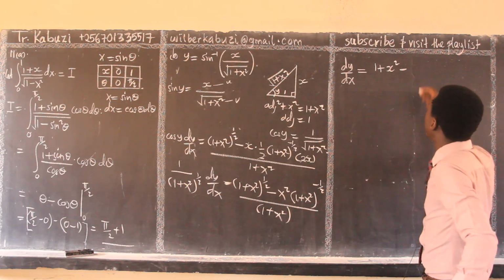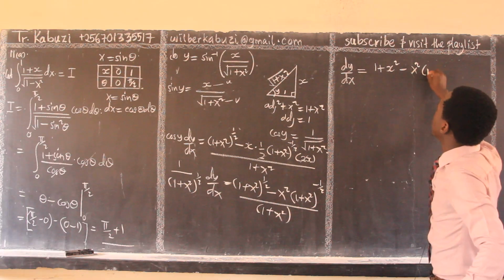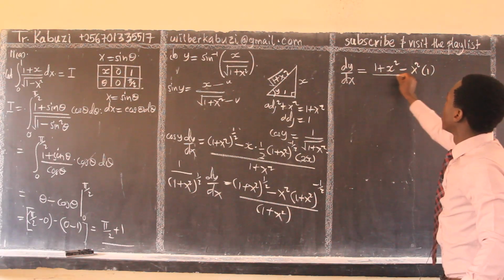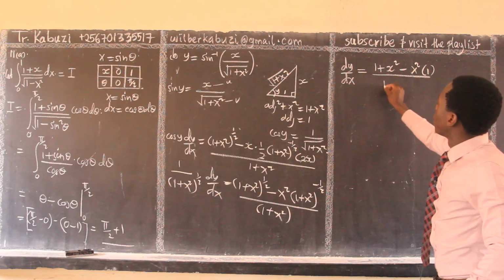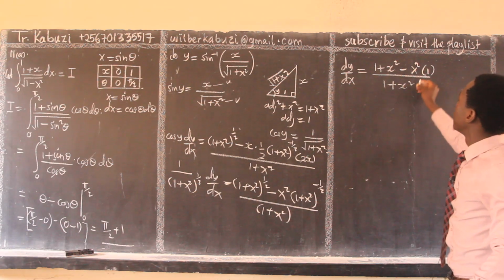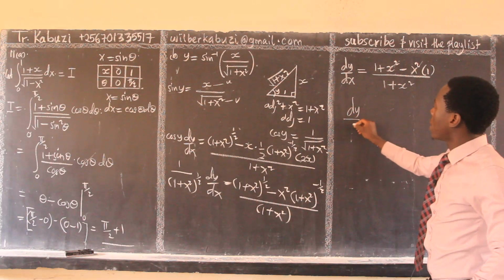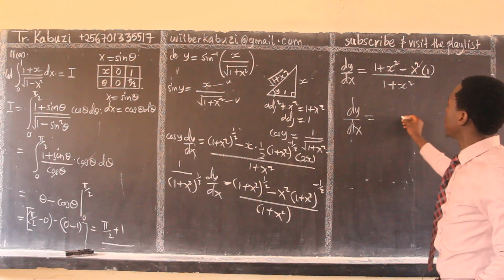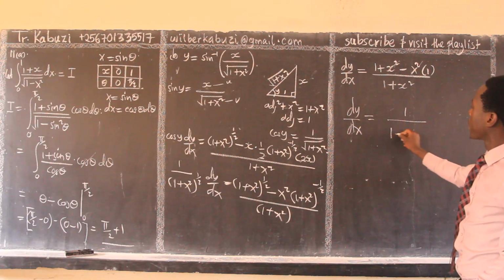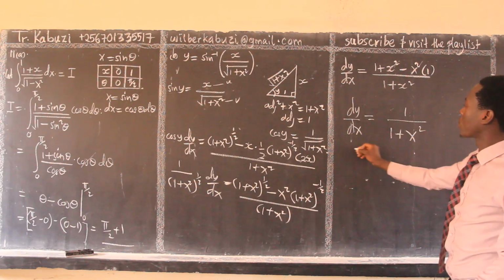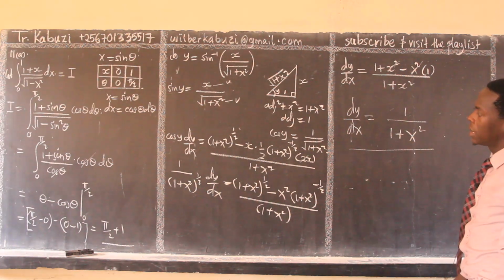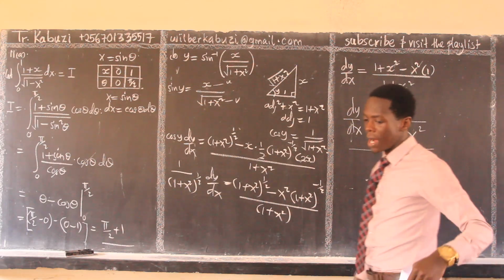Anything to power 0 is 1, so I'll have that into 1 over 1 plus x squared. See, this will go. So now my dy dx will be 1 over 1 plus x squared. And so that was our dy dx.